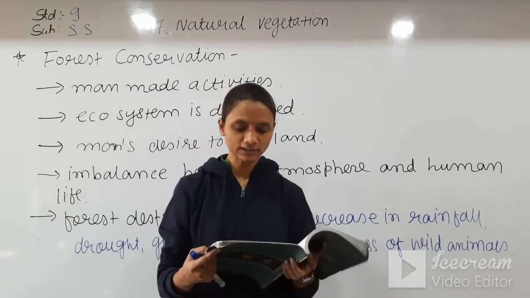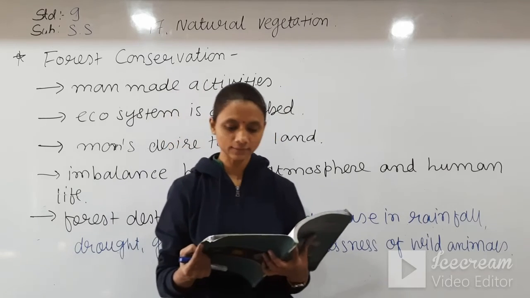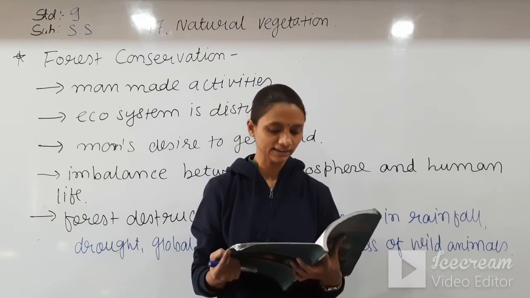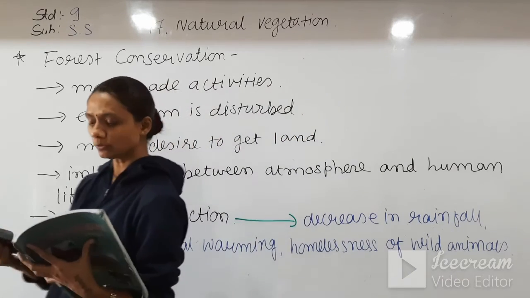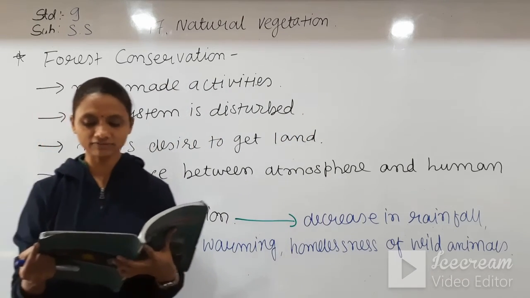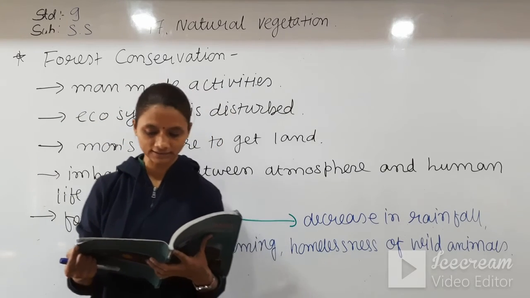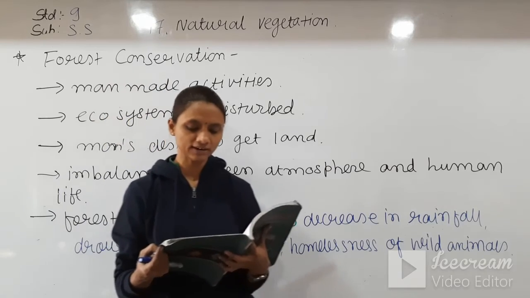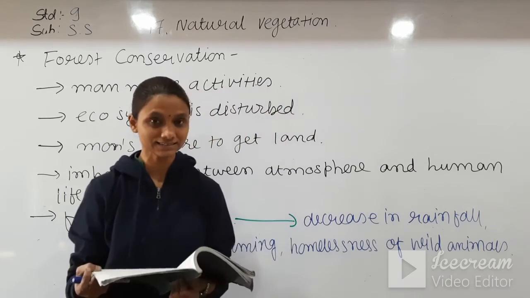According to National Policy of 1952, there must be forest over 33% of the total geographical area of the nation. In India, forests are spread over about 23% area, while forests occupy only about 10% of land in Gujarat. Thus, it is necessary to prevent destruction of forest, and so protection and conservation of forest is necessary.